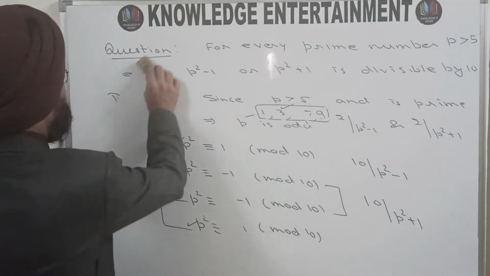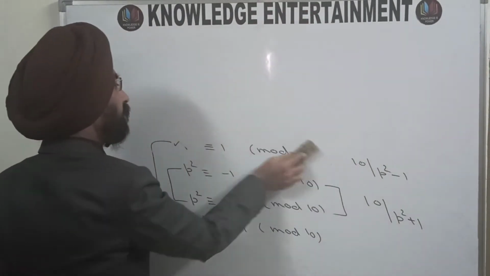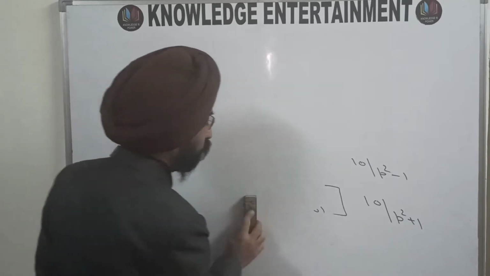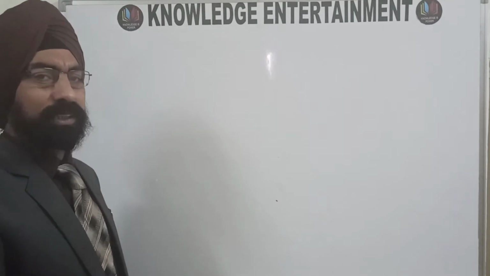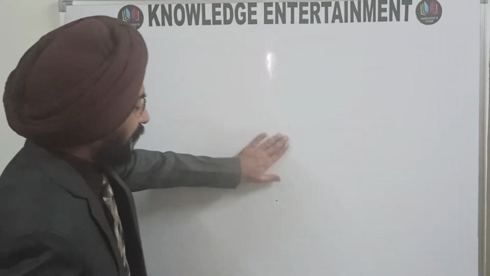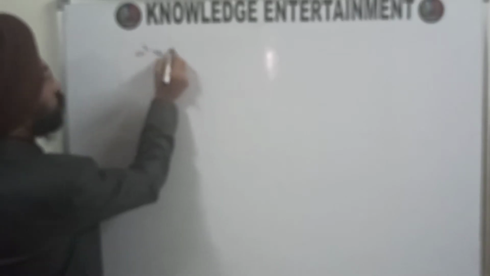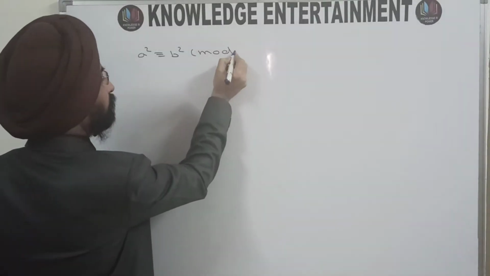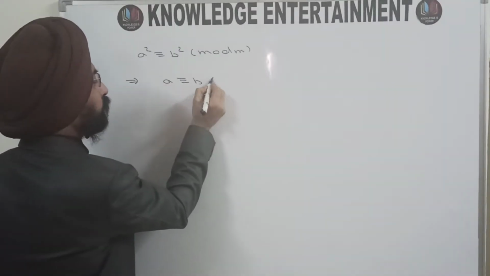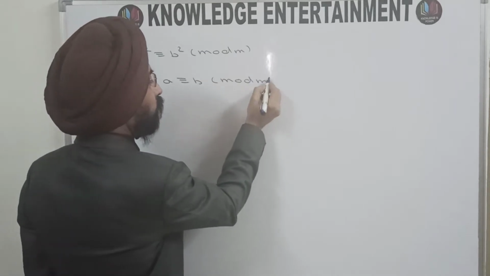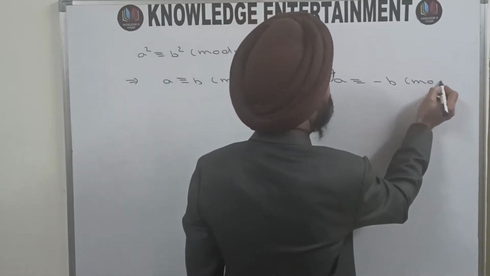So next I am moving to another question of the same type. The questions are all very easy, very interesting, as the concept of congruences is an easy and interesting concept. So the second question I am going to take is, some people are having doubt that if a square is congruent to b square modulo m, then a is congruent to b modulo m, or a is congruent to minus b modulo m.